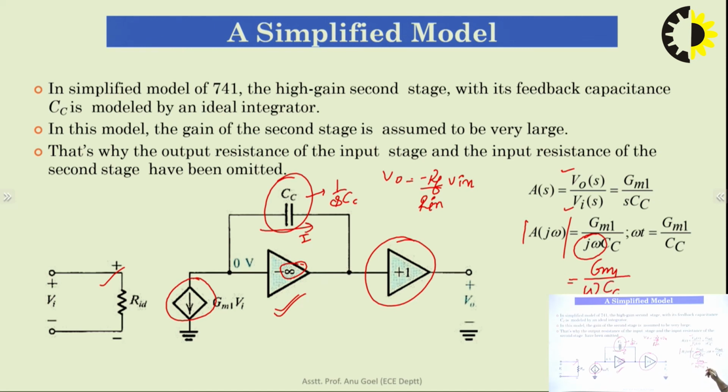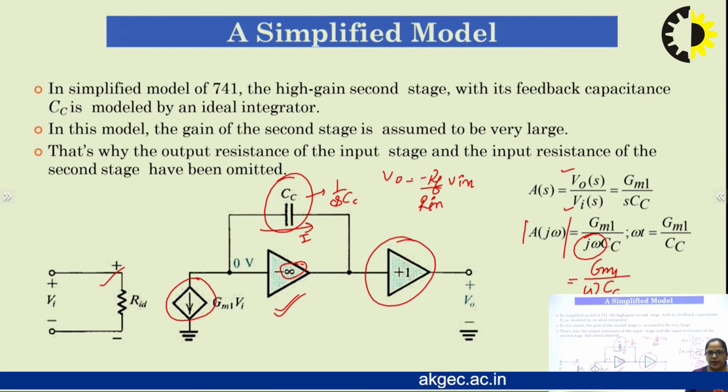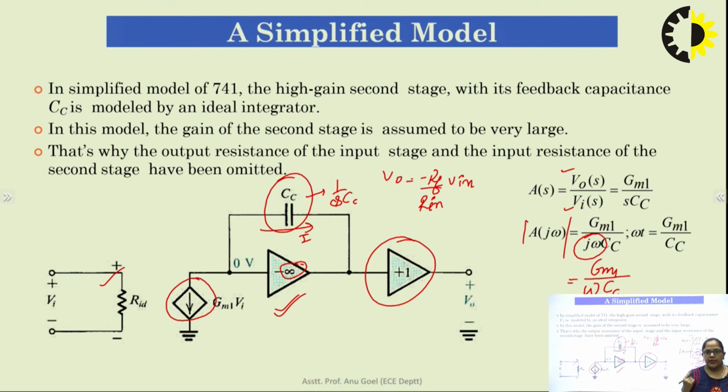In the previous frequency response curve slide, we have seen what is unity gain bandwidth. Unity gain bandwidth is the value of the frequency at which gain becomes 0 dB, and it is denoted with omega t or ft. So at omega equal to omega t, the value of this gain will become 0 dB, which is equal to 1.